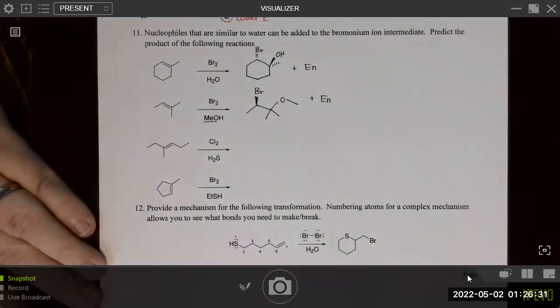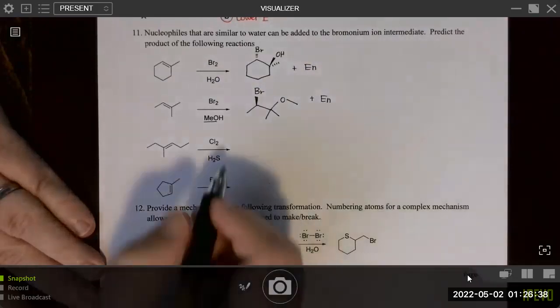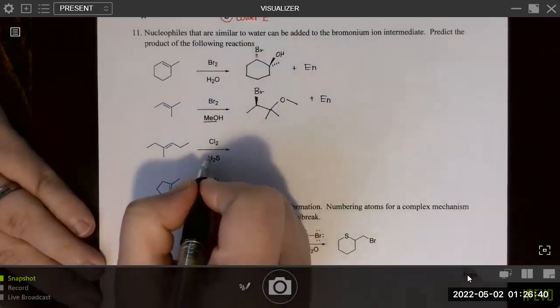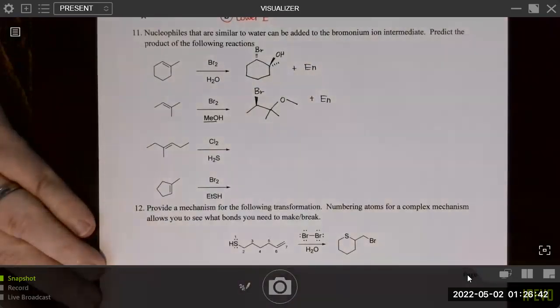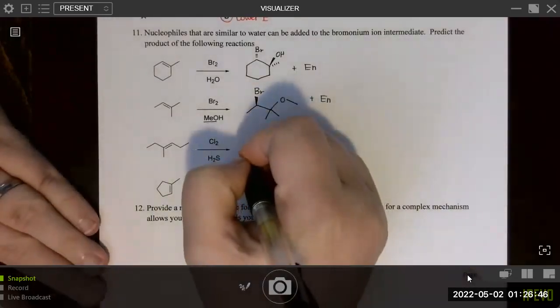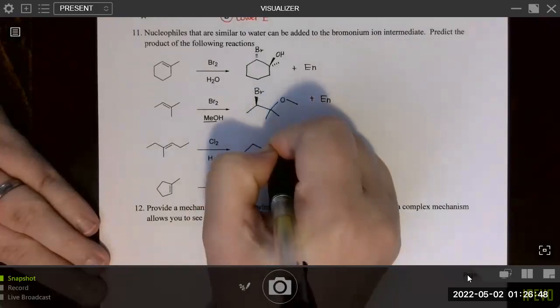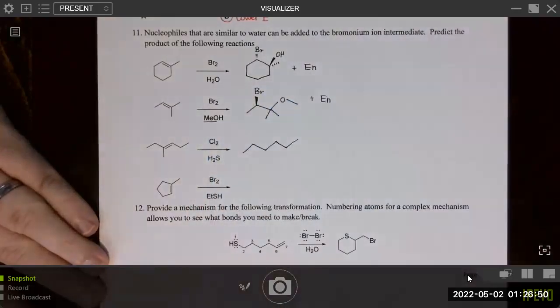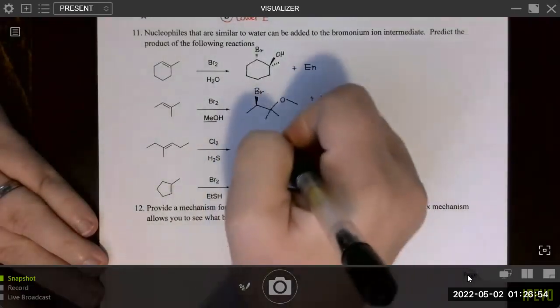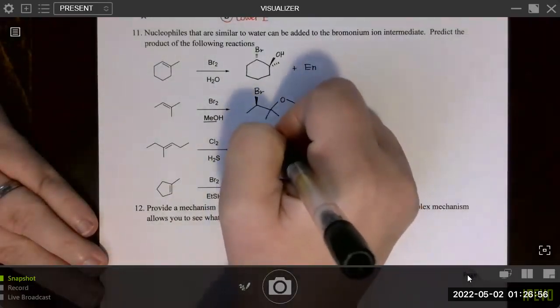Okay, moving on. Next, we're going to be adding, instead of a bromine, a chlorine. And it's just going to be SH, right? Because one of these hydrogens will get deprotonated. That will end up on the more substituted carbon. So I'm going to draw that in. And then I'm going to place the chlorine here on the less substituted carbon, right?